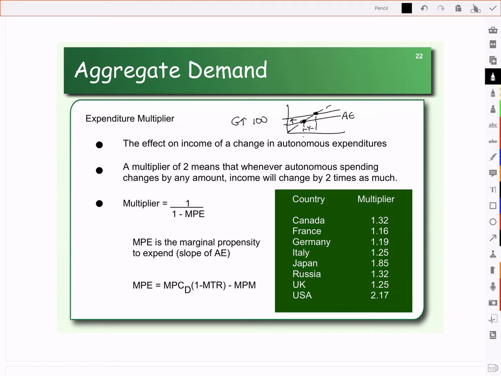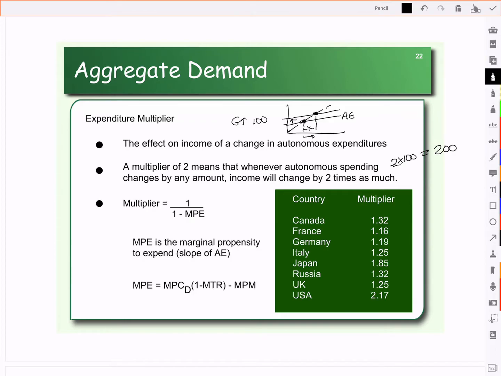How much is income going to change? If our spending multiplier is 2, then $100 of government spending will increase national income by 2 times that 100, so national income will increase by $200. The government spends $100 to stimulate the economy, and it grows by $200.